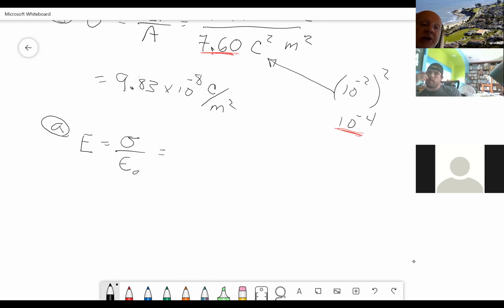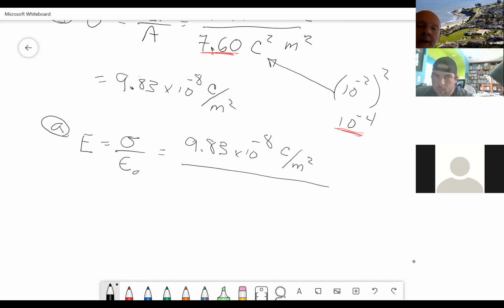Since we just did the charge density in B, 9.83 times 10 to the minus 8 coulombs per square meter, I divide that by 8.85 times 10 to the minus 12, and I've always got to rethink the units for the permittivity of free space.